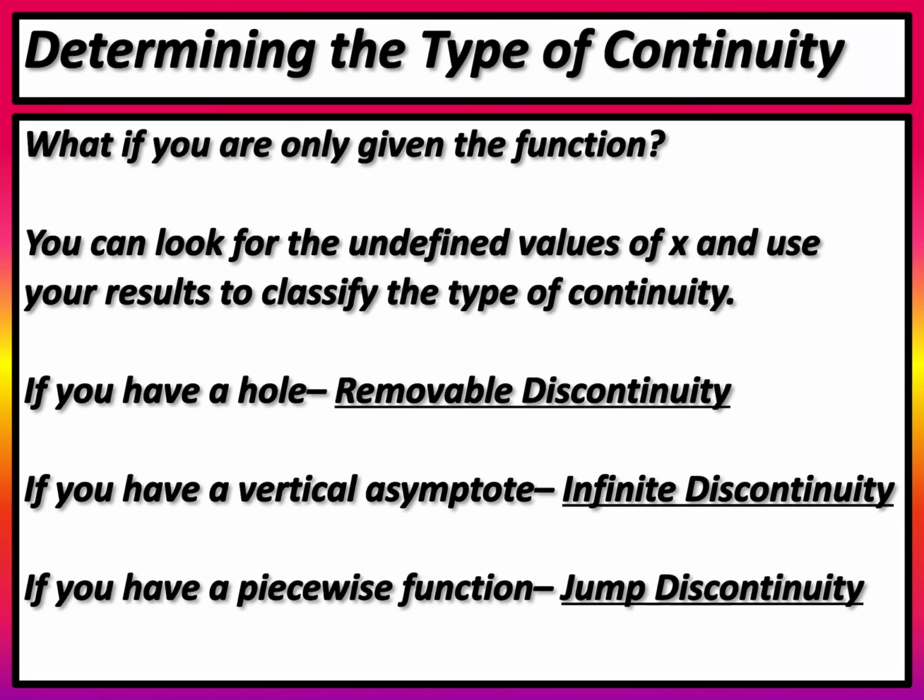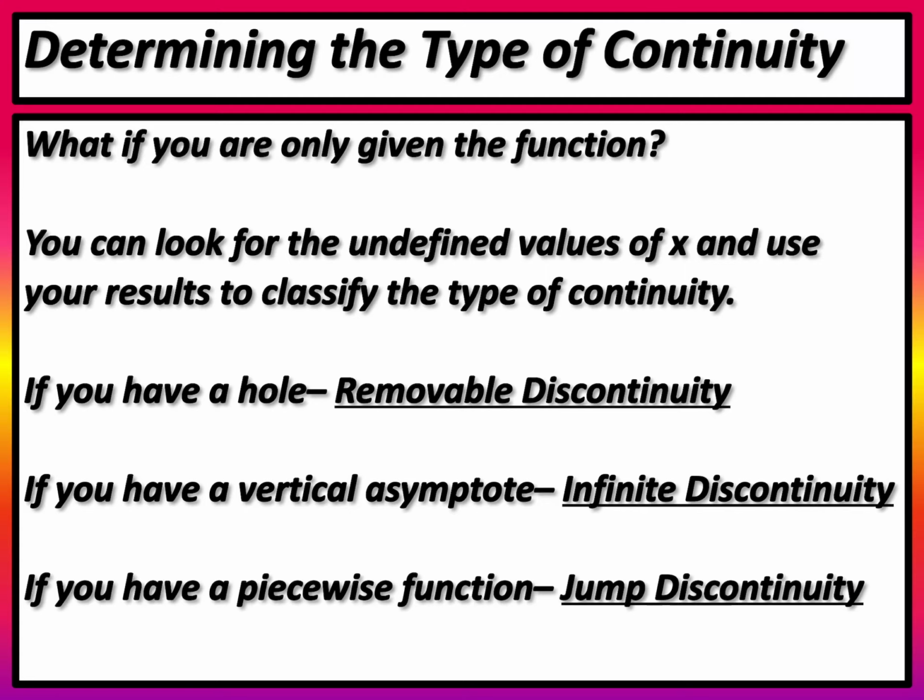Algebraically, these are the situations that we're looking for in the function that create each of those types of discontinuity. If you create a hole in the function, meaning that you cancel something from the rational function, you have a removable discontinuity. When there's a vertical asymptote, so that's when the denominator is undefined, that accounts for the infinite discontinuity.